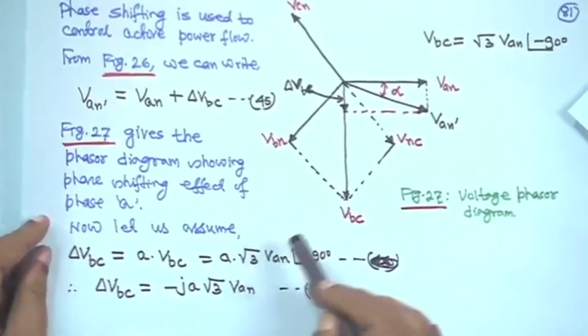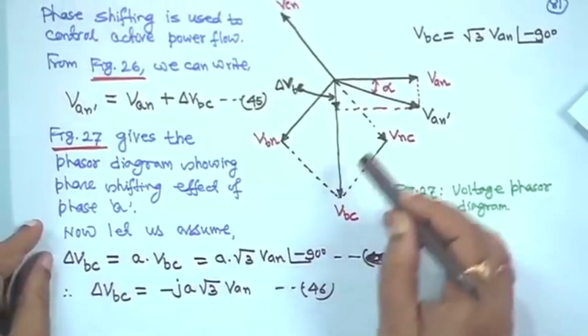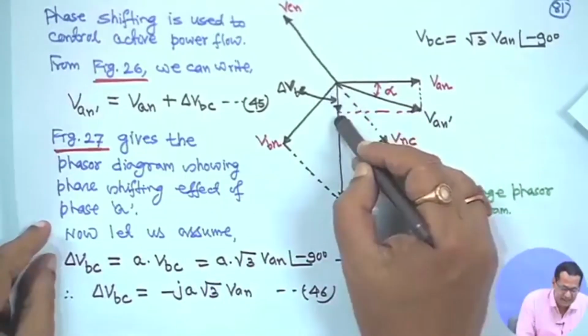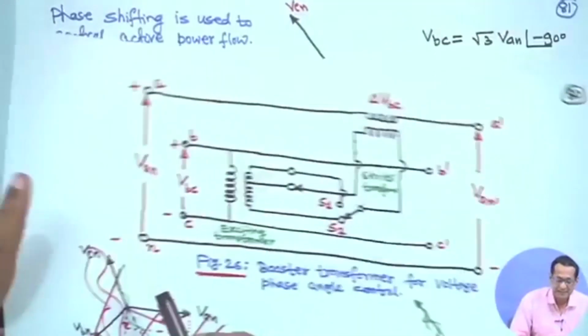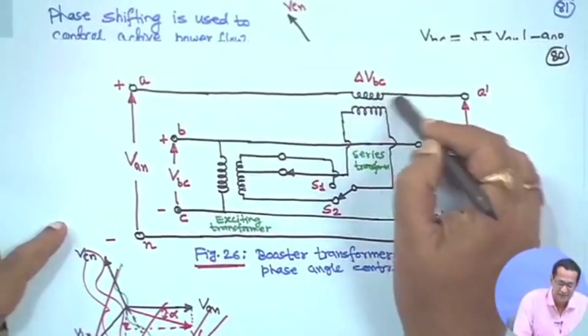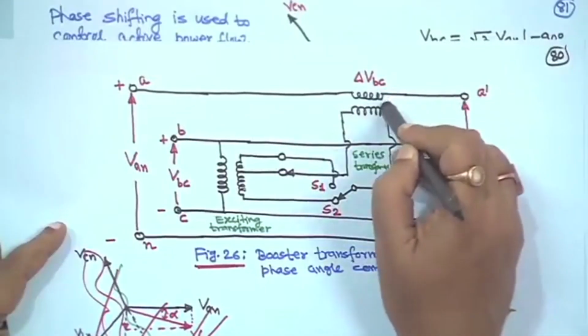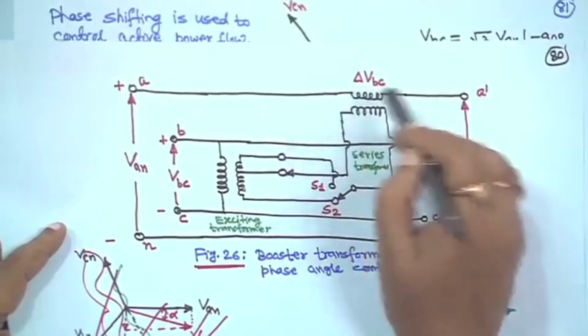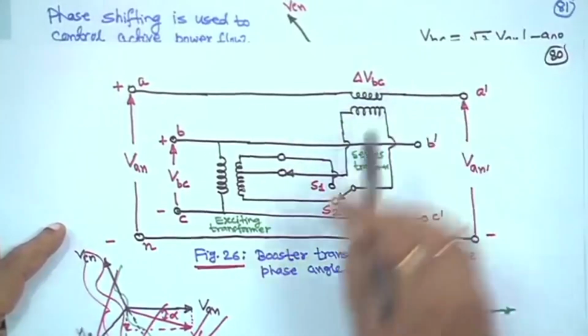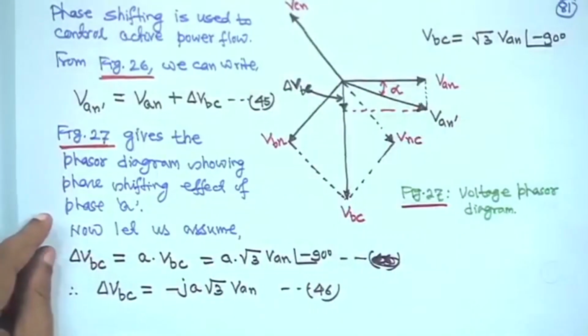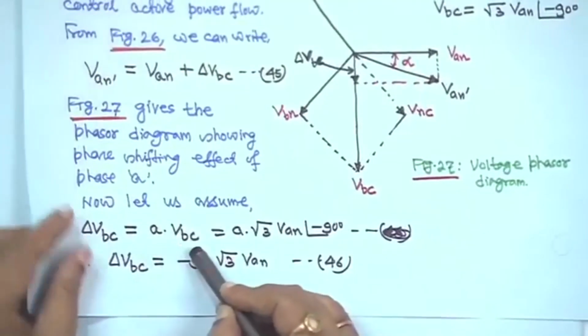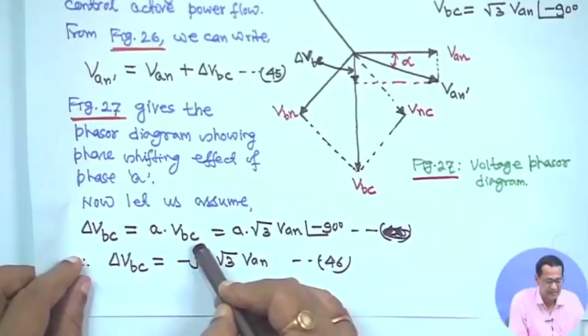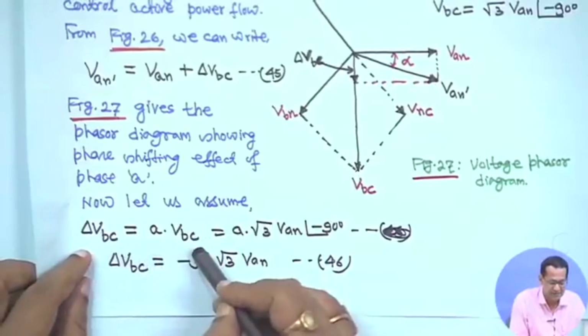Now, let us assume that delta Vbc, this impressed voltage which is in series with this winding in phase A, is equal to A into Vbc.